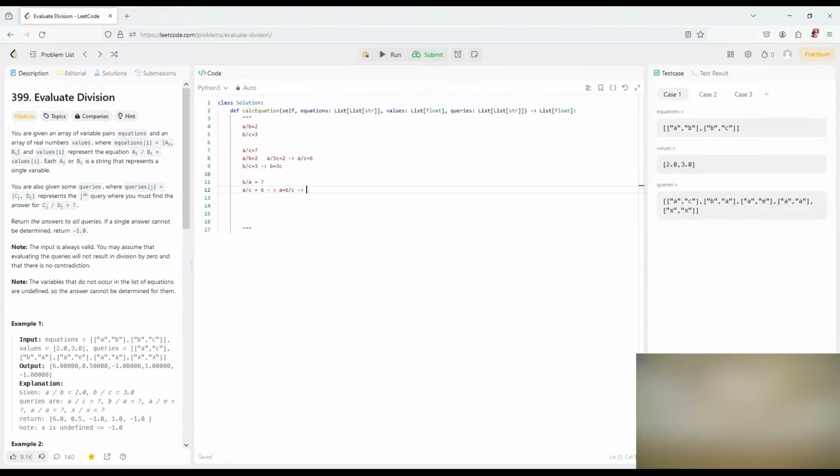Then from here we have to find B by A. No. We have to find out C. So C is equal to A by 6.